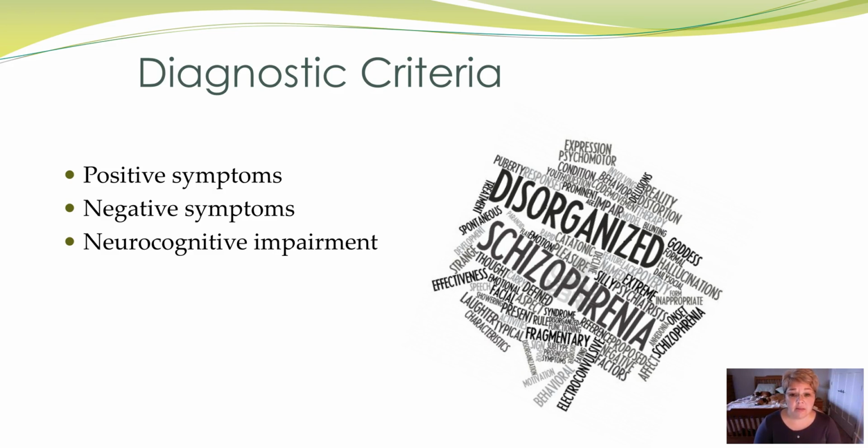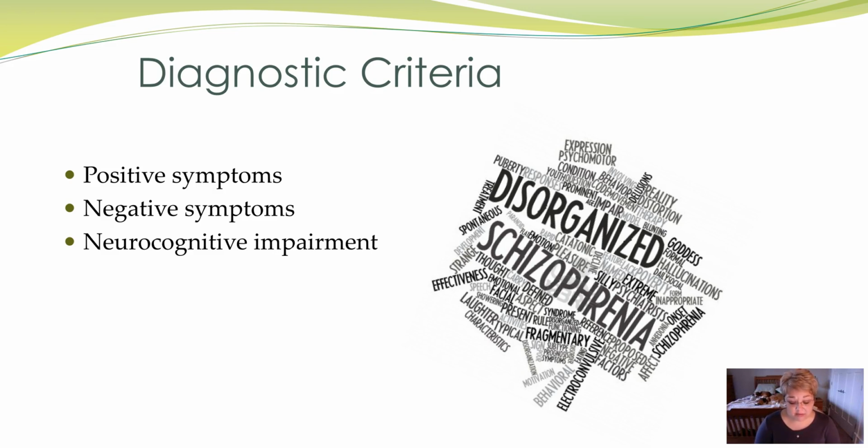So if you think about someone who has a diagnosis of schizophrenia, they have the positive symptoms of delusions or hallucinations. Then they can also have a combination of negative symptoms. And negative symptoms are the classification of symptoms that actually take away from the person's wellness or their life. So they're removing things. So when we think about negative symptoms, there are several what we call cardinal symptoms that fall into the bucket of negative symptoms.